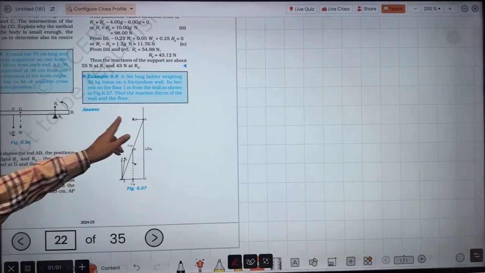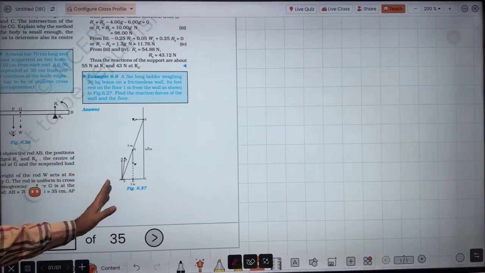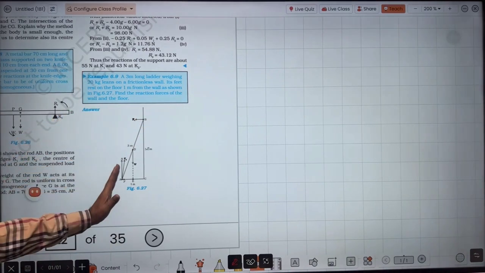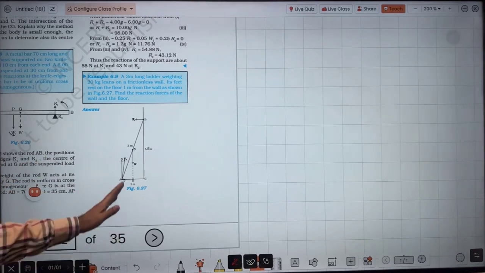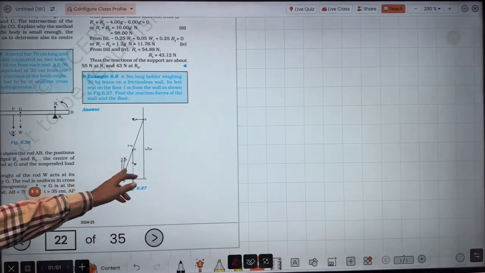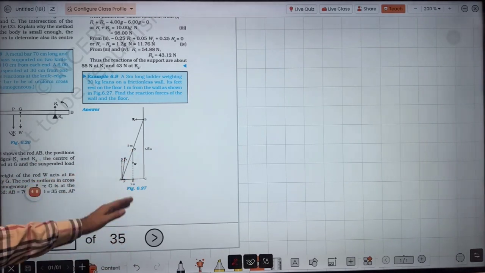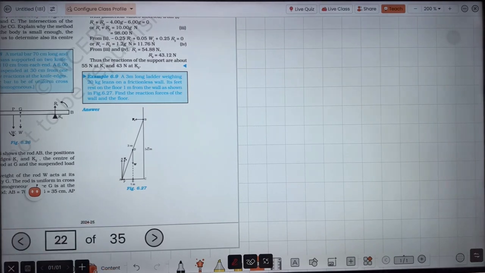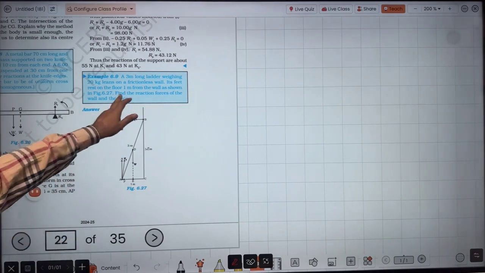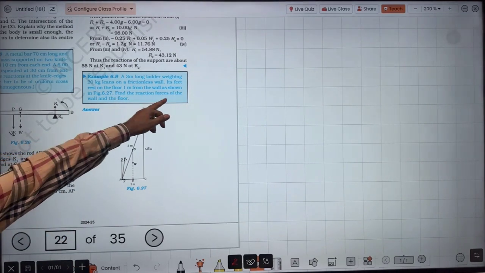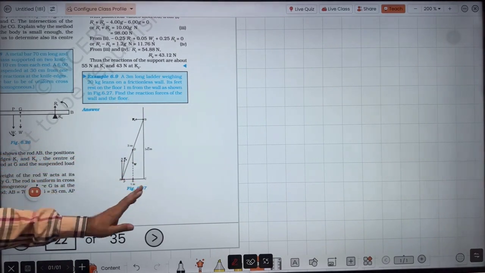One force will act at this point, and another force here, normal reaction at this point, will act. This is W1, and resultant here there is another force F1 is shown. So here we have to take moments, and calculation is done to find the reaction forces of the wall and the floor.